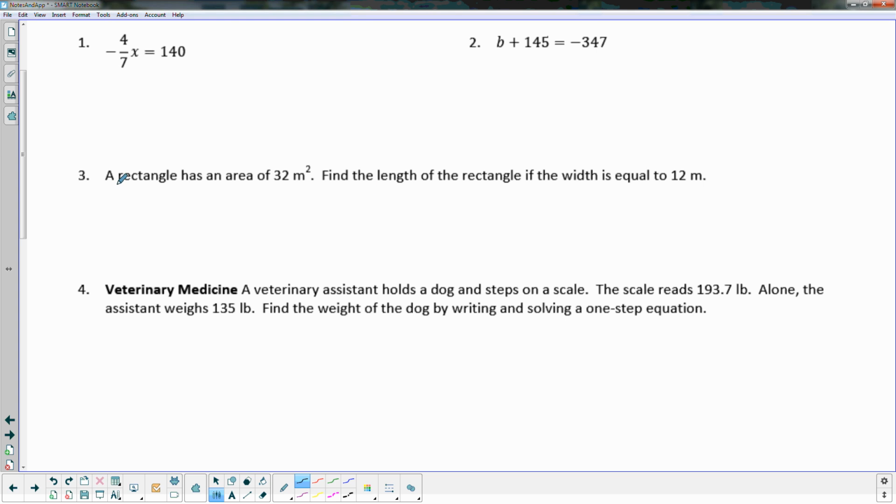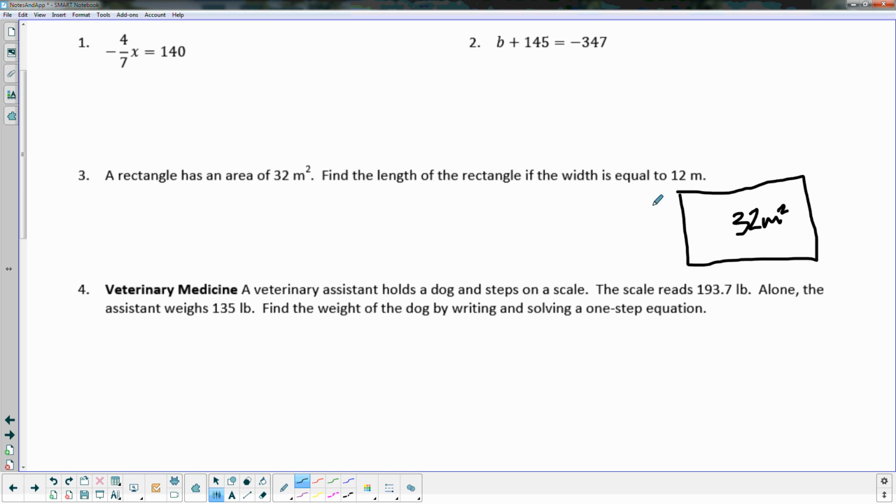So for number 3 here, it says a rectangle has an area of 32 meters squared. Find the length of the rectangle if the width is equal to 12 meters. So one thing I can look at, maybe try drawing a picture, and as good of a rectangle as you can. You know that you have 32 meters squared as the area.